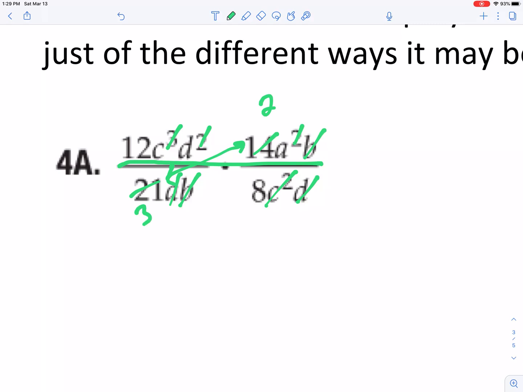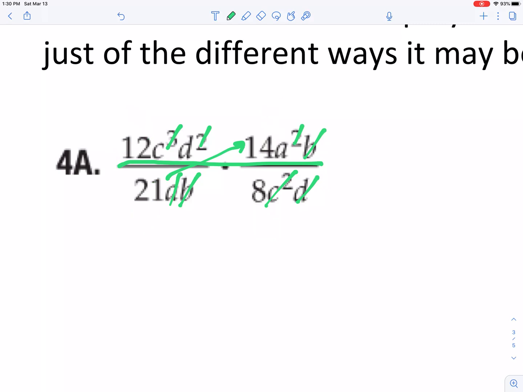And the other one I noticed both divide by 4. This is getting a little easier for me to see. Oh, I'm sorry, what did I just do? Instead of 4, that should have been a 3 and a 2, which, oh, hey, wait a minute, now I've got tops and bottoms that cancel.